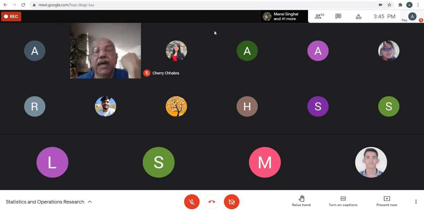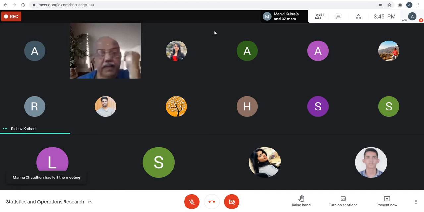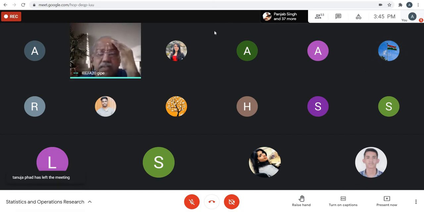Rishabh Kothari, do you follow today's work of sensitivity analysis and dual LPP? Yes, sir. Rachit Tyagi, any doubt, difficulties of what I have done in the class?